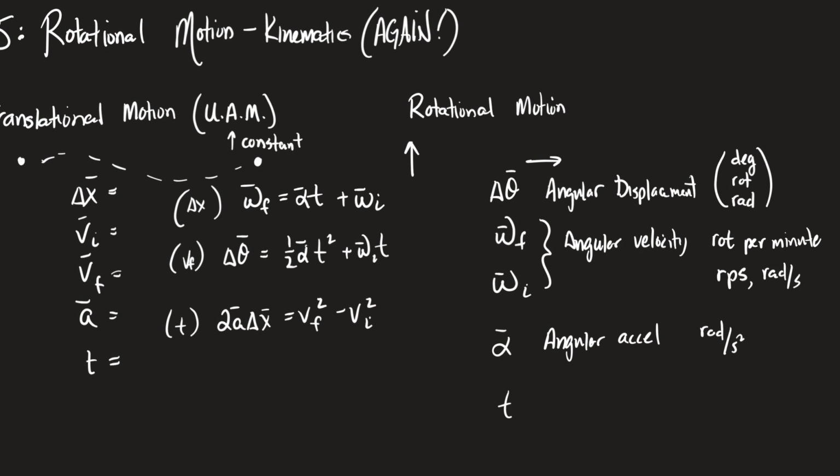Now, there is one difference, and based on the time, I'm not really going to say much about it, but let's see if you can help me out a little bit. What direction is the fan spinning?